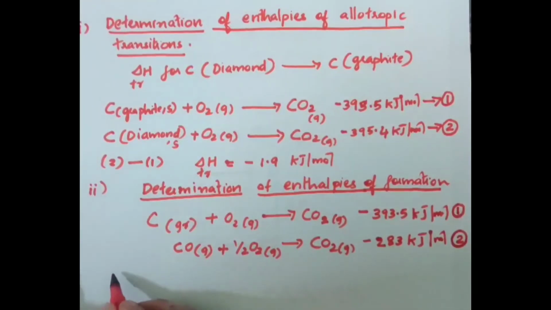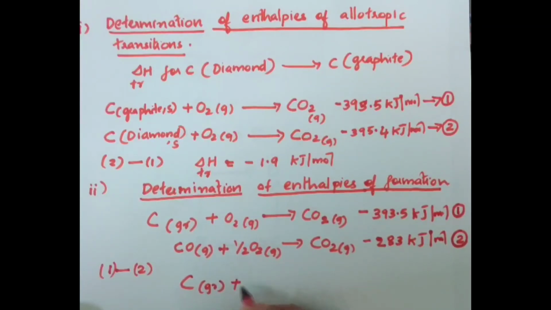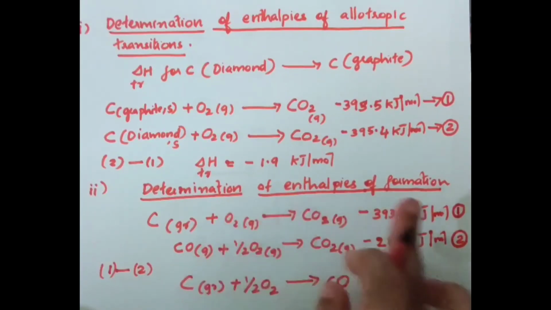Your overall equation is equation 1 minus 2: carbon in graphite plus half O2 gives carbon monoxide. And this is the enthalpy of formation of the overall reaction.